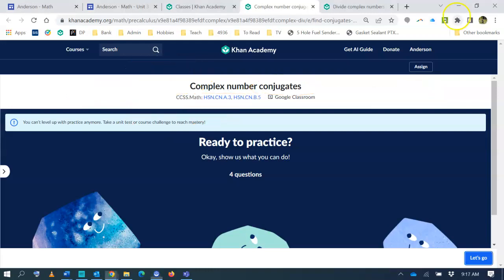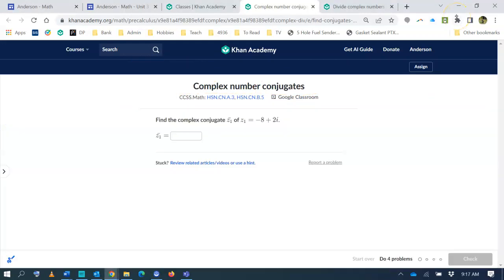Okay, so complex number conjugate, once again. Here is our number that we want the conjugate of. It is currently written correctly, okay? We have our imaginary number second. It is not first. And then what we want to do is take our second sign, which is a positive sign here, and just change the sign.